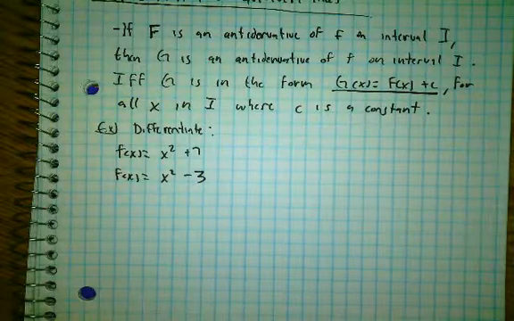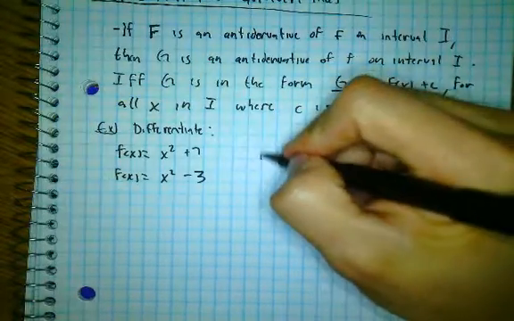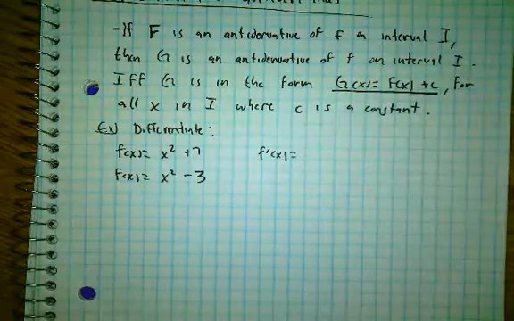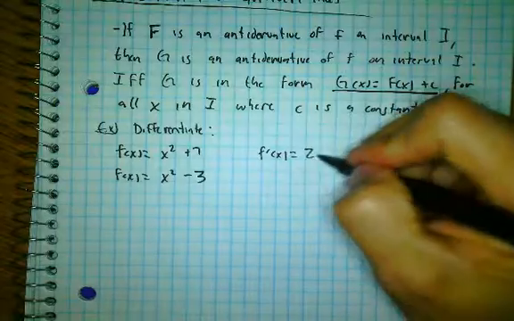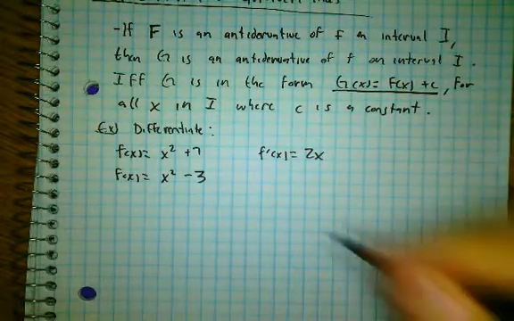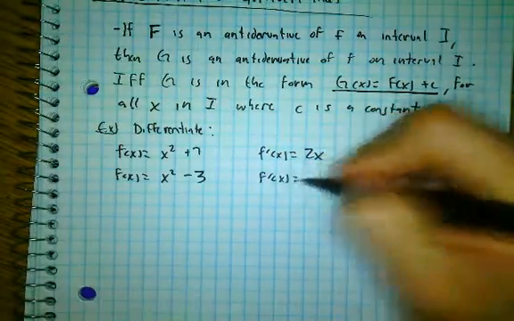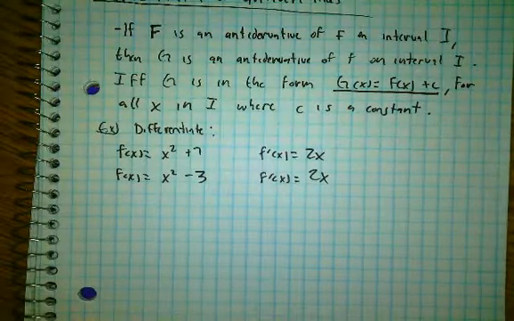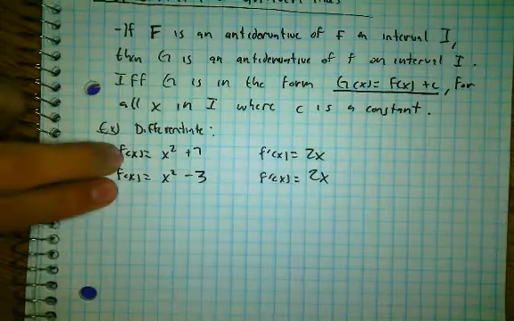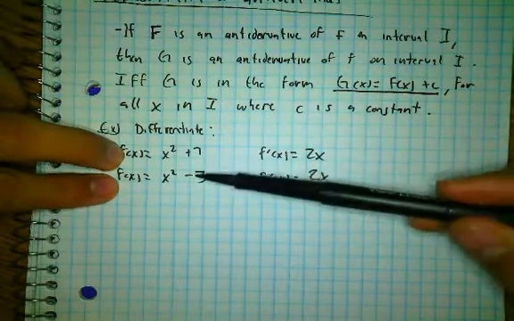If I differentiate the first one, what's the derivative? 2x. And if I differentiate the second one, what's the derivative? 2x. Agreed? So even though these are completely different functions, their derivatives are exactly the same.